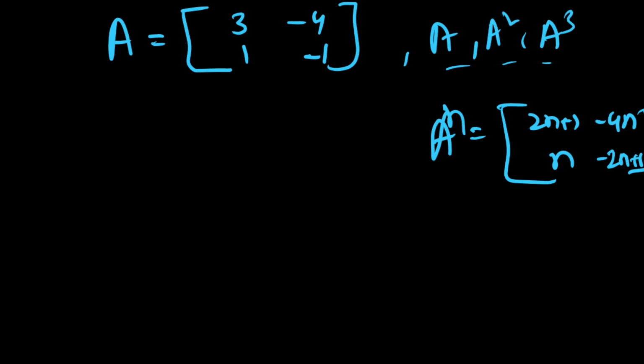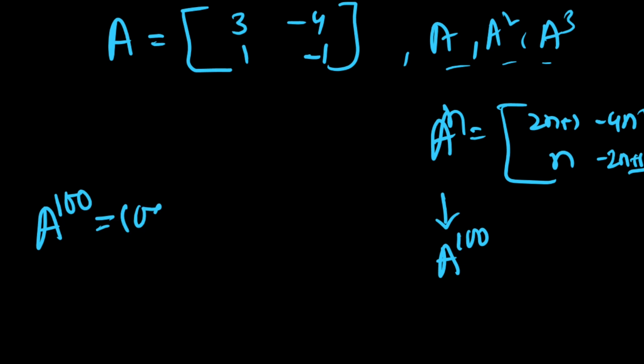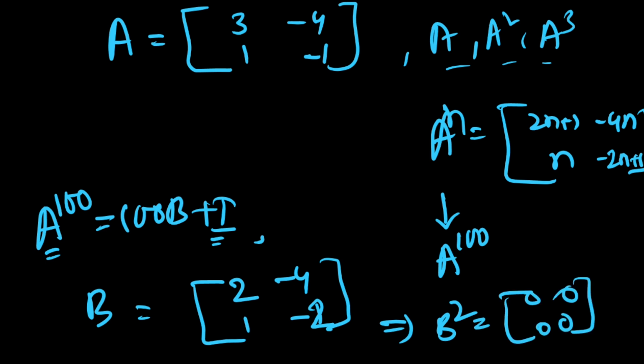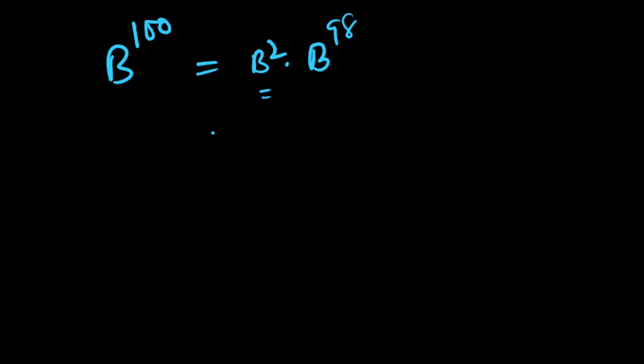From this we found A power 100 and put it in the equation A power 100 equals 100 times B plus I. Putting in the values of A power 100 and the identity matrix, we got B equal to [2, -4; 1, -2]. From this we see B square is the 0 matrix. Then any power of B greater than or equal to 2 is 0, because B power 100 involves B square times B power 98, which is the 0 matrix. Any 0 matrix multiplied by any matrix always gives the 0 matrix.